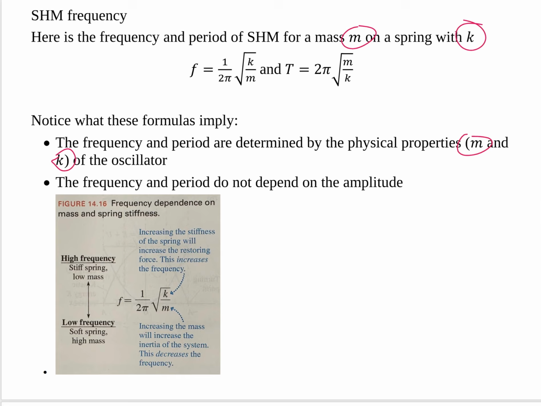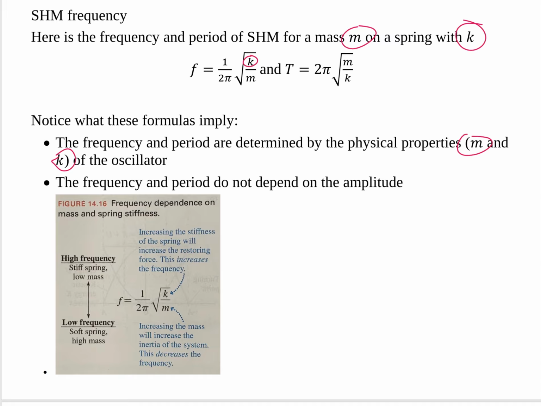Now this figure down at the bottom shows the frequency dependence on mass and spring stiffness. If I have a high frequency, I could have a stiff spring or a low mass. If I have a low frequency, I could have a soft spring or a high mass. So the more I stiffen the spring, what does that do to my frequency? I stiffen the spring so that the numerator becomes bigger, so that result becomes bigger, okay?